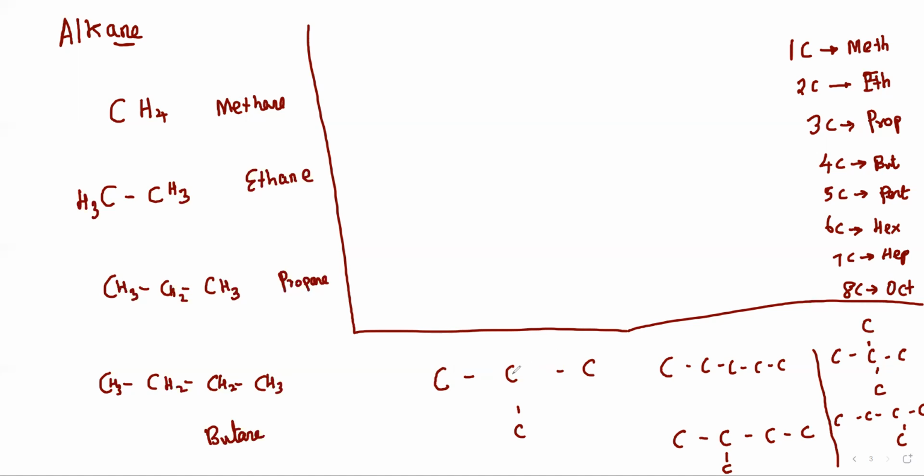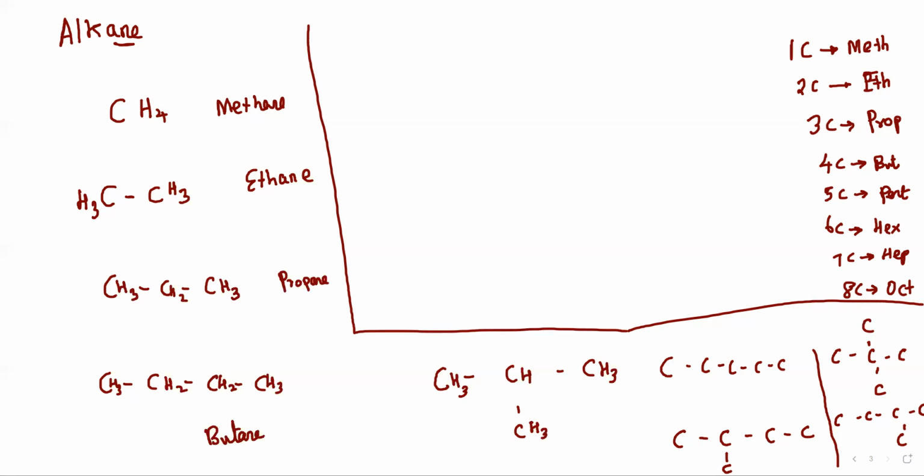Now come to this part. For this carbon, tell me the number of hydrogens. H3. For this carbon, H, because 3 are already bonded and only one extra is required. So H here, H3, and here there are also H3. Fine.